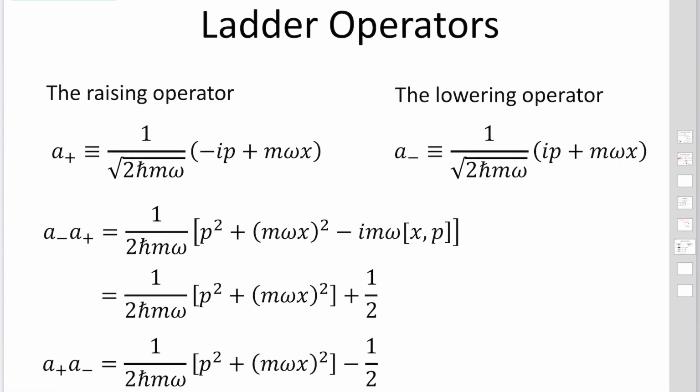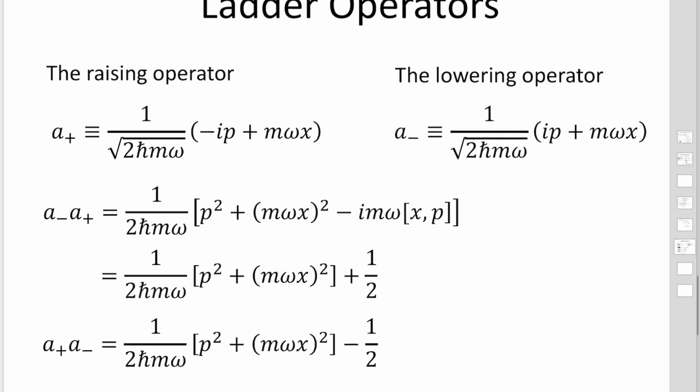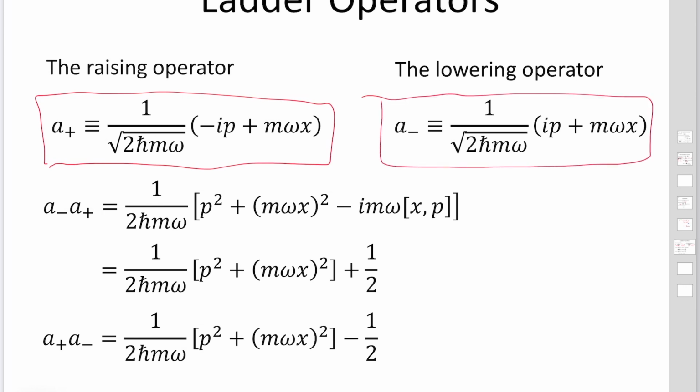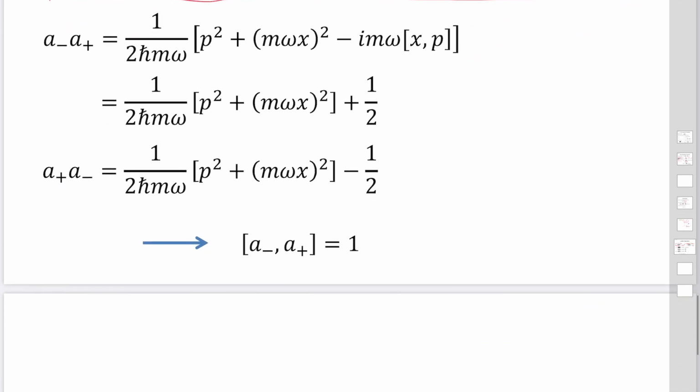To solve the Schrödinger equation of the harmonic oscillator, we'd like to introduce the ladder operators. The raising operator is a sub plus. This is the definition of the raising operator. You will know why we named these operators raising operators. And the lowering operator, a sub minus. Then we'd like to consider a sub minus a sub plus.